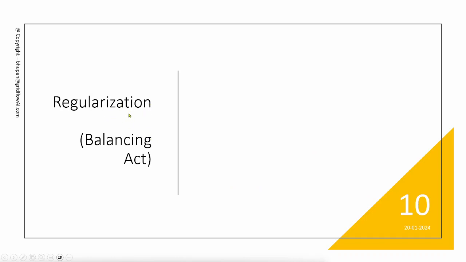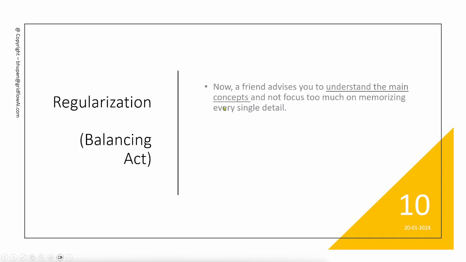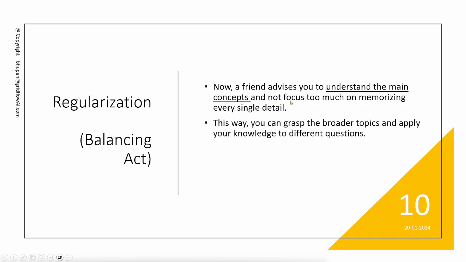Now, with regularization, which is kind of a balancing act, let's look at the same example again. Now you are advised to understand the main concepts of the book, really not focusing too much on every detail like page number and paragraph number and sentences and which page this particular text is and so forth. Rather, you're focusing on the main concept.